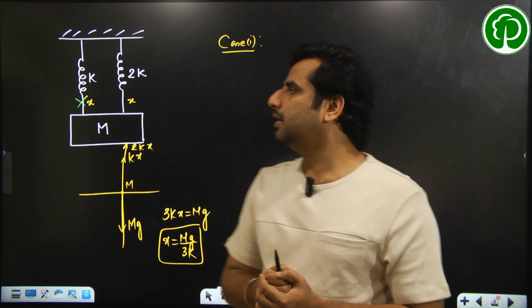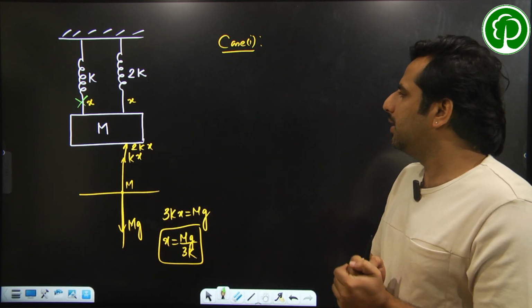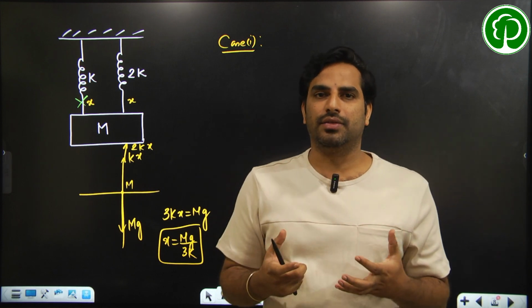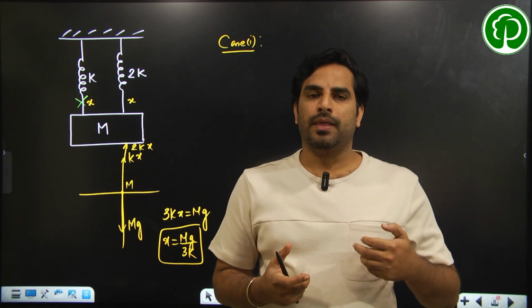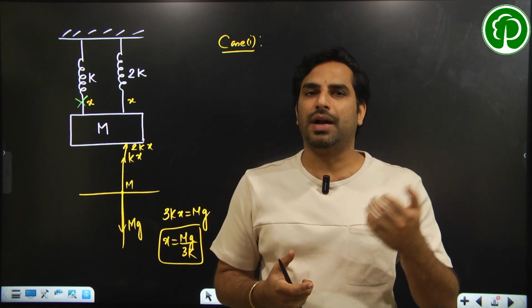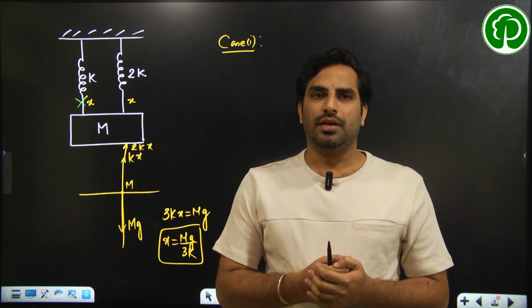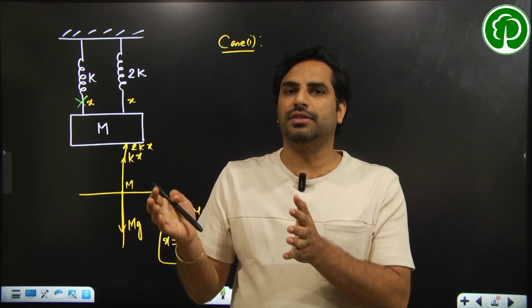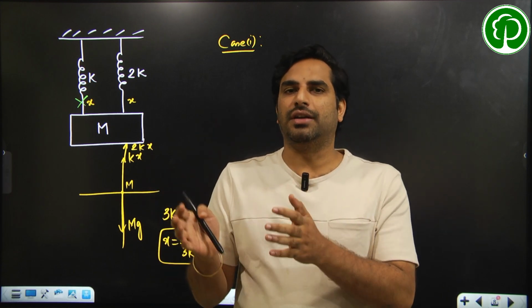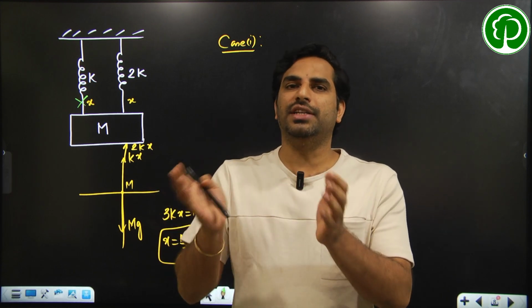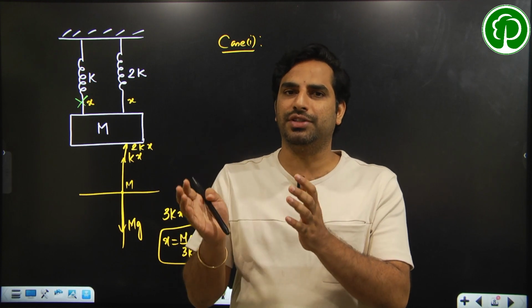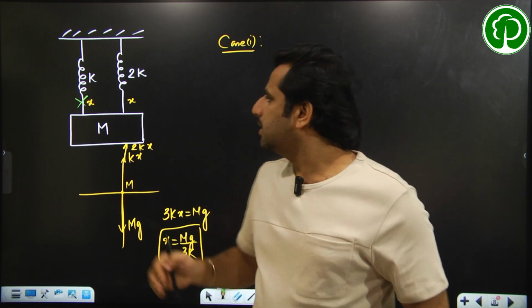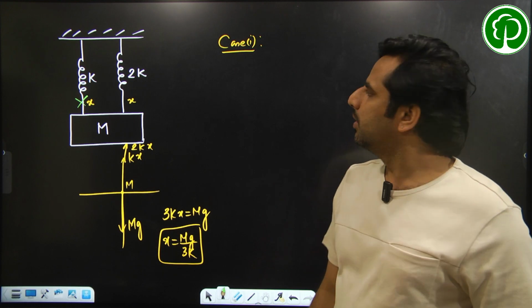The fundamental concept here is that if you cut a spring or string or any part of the system, the tension is immediately affected, but the other springs are not immediately affected because the stretch does not change immediately. As long as the stretch or the compression remains as it is, the spring force remains as it is.